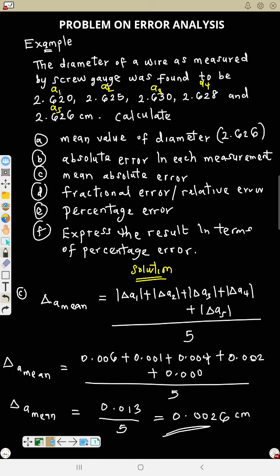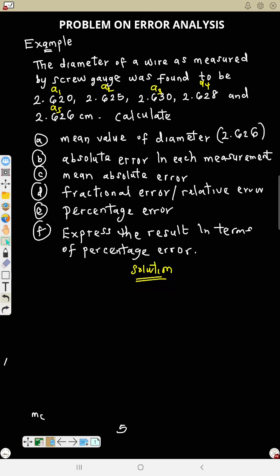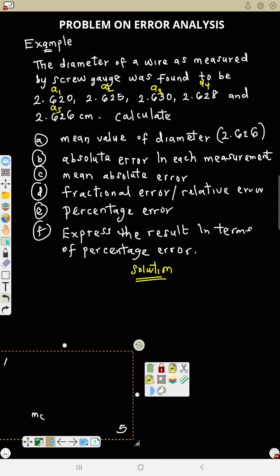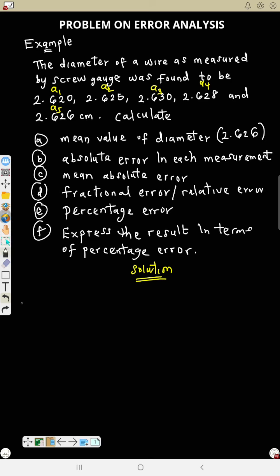So the D part now. Fractional error is equal to the ratio of mean absolute error divided by the mean value.